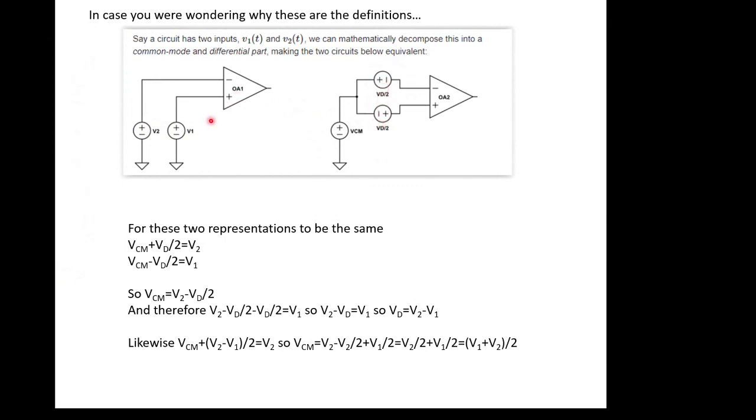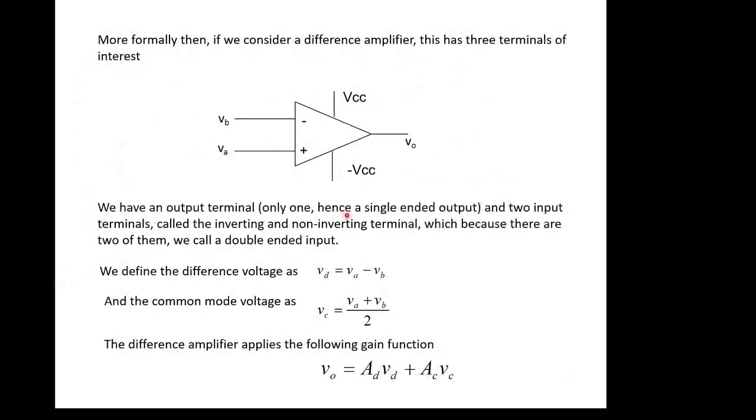And so that, in general, can be replaced by this. And they are identical circuits when these conditions are true. So we just say they are true and then work out what's going on. And that leads you to these definitions of difference and common mode voltages.